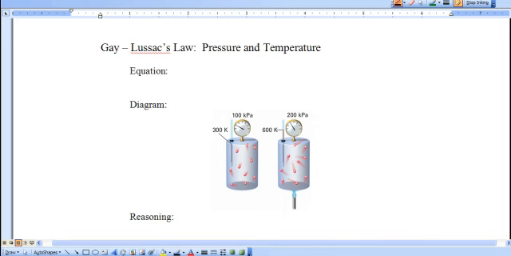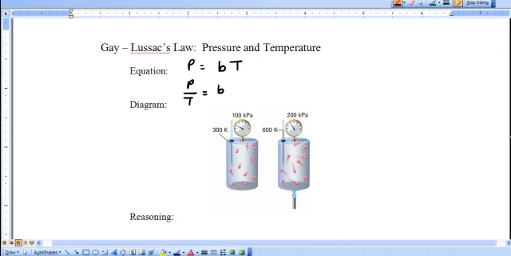And what he realized was that when you look at pressure and volume, pressure and temperature are also directly related. So we can write this as pressure equals some constant B times the temperature, or you could rearrange this equation to say pressure divided by temperature remains constant.